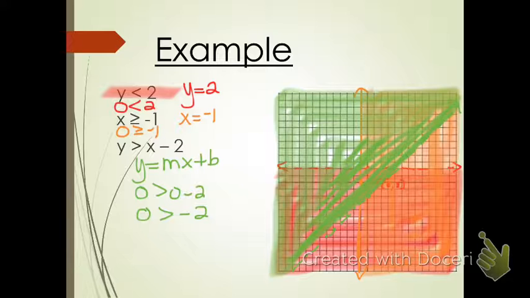Now our final solution is the place where all three of these inequalities overlap. So the red, the orange, and the green. And that is in this very small triangular shape here, where all three shadings overlap.